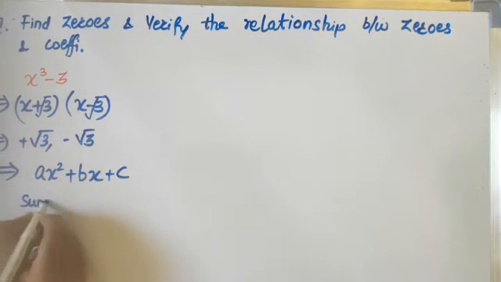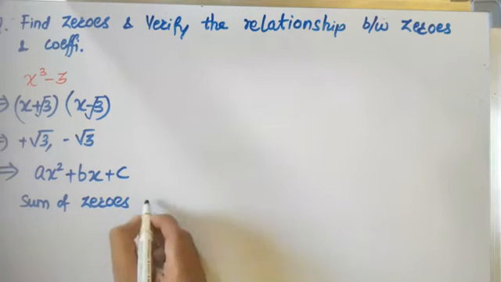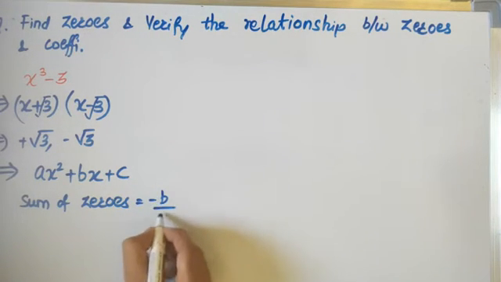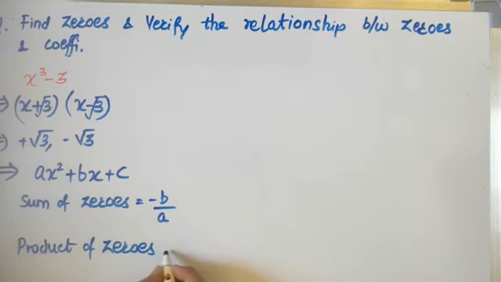When someone asks about sum of zeros, it becomes minus b by a, and product of zeros becomes c upon a.